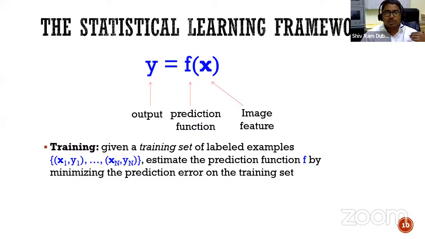Sometimes, not just based on training, we also find the performance on the validation set, and then decide based on the validation set what our final function, that is our trained model, should be. Whether we say function, trained model, or network, all these are similar notations for this model, which can be a parametric or non-parametric model. Mostly we are going to look at the parametric model, because a neural network is a parametric model.